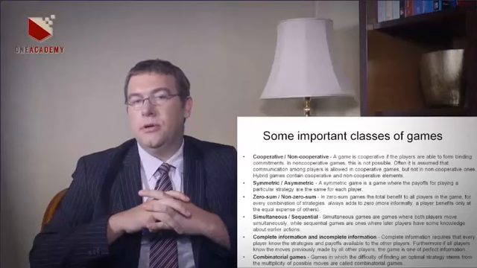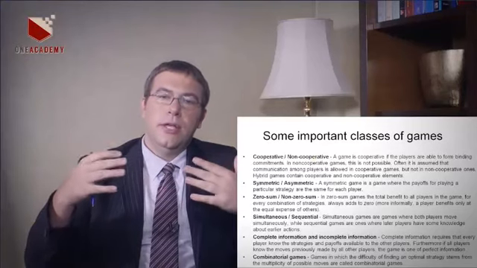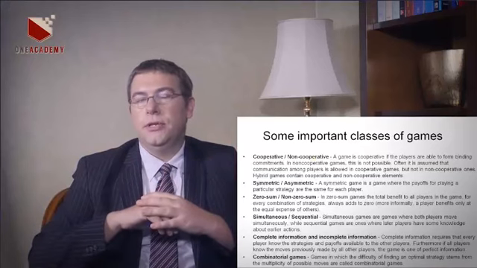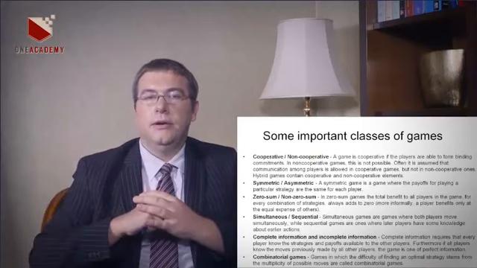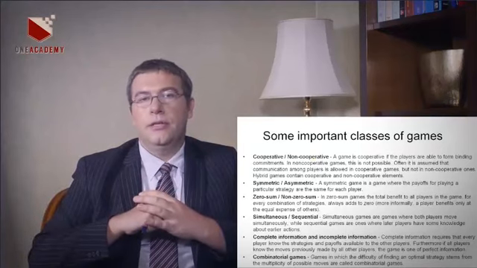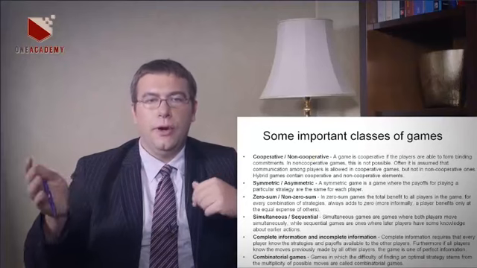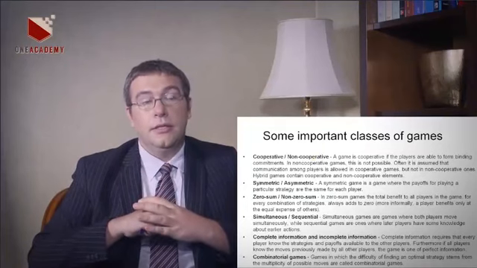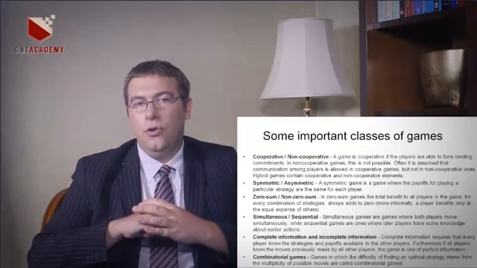And finally, I would like to explain some typical types or classes of games. Once you hear this explanation, you understand how wide and how various this theory is. First of all, there is the so-called distinction between cooperative and non-cooperative games. Some games are totally non-cooperative.